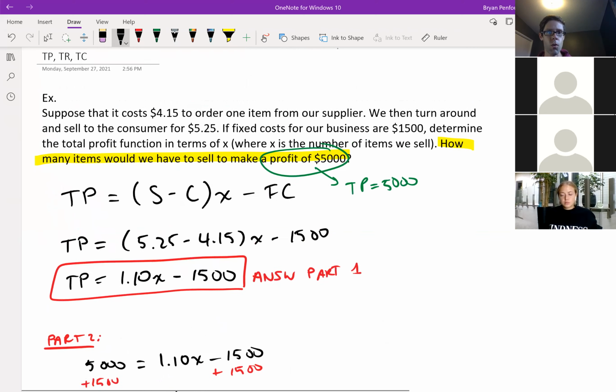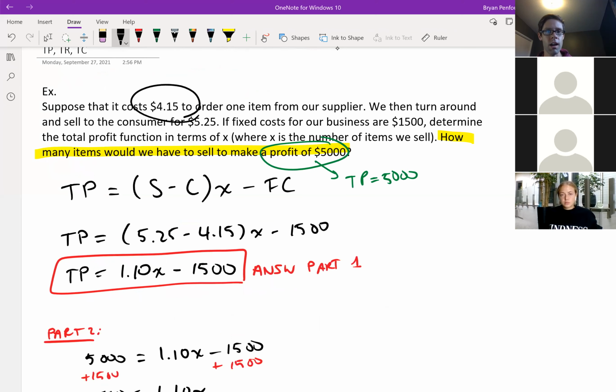In fact, the question says that each item costs $4.15 for us to bring it in. So it's not as easy as just dividing by 5.25, because there's that cost associated with it. When we make our formula, we subtract these two numbers to get the $1.10. That's the actual number that we need to work with.